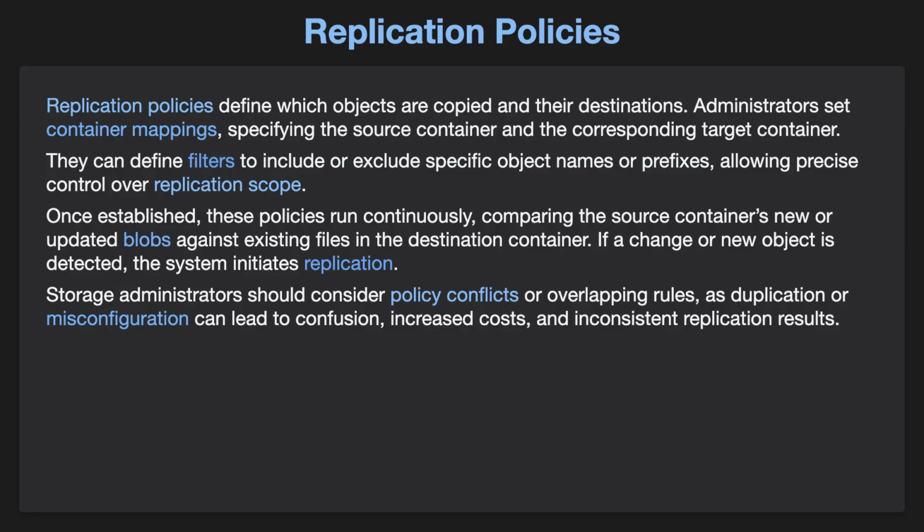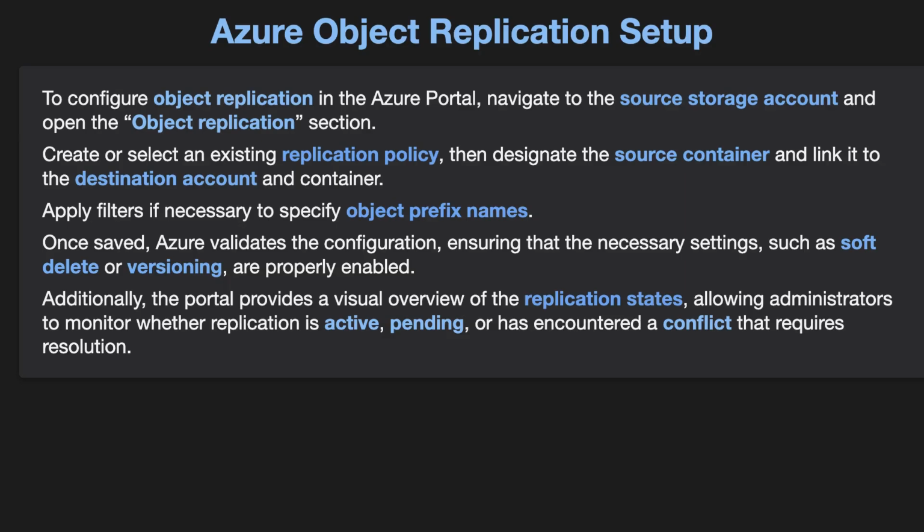To configure object replication in the Azure portal, navigate to the source storage account and open the Object Replication section. Create or select an existing replication policy. Then designate the source container and link it to the destination account and container. Apply filters if necessary to specify object prefix names.